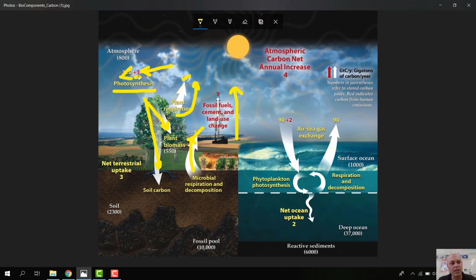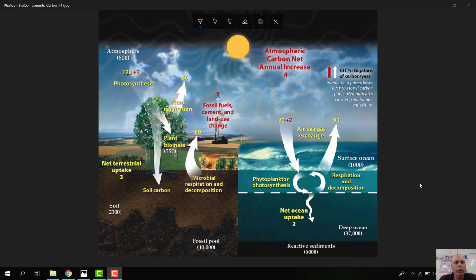We've got plus 3 that we're responsible for going in, but 9 going out. So if you take 9 minus 3, we get a net total so far of 6. So in this process, we're responsible for 6 gigatons of carbon going into the atmosphere. That's extra carbon going into the atmosphere.